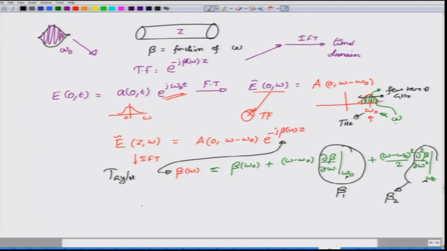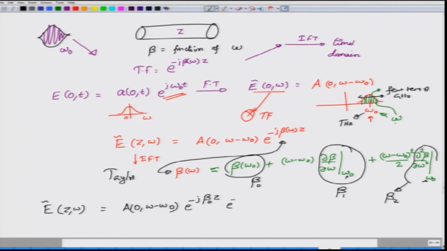Okay. So, when I put that in, the electric field at distance z after propagating through the fiber would be A 0 of omega minus omega 0. This is the original pulse spectrum, now centered at omega 0, and then you have e power minus j beta 0 z. By now you would have guessed that beta 0 is beta at omega 0.